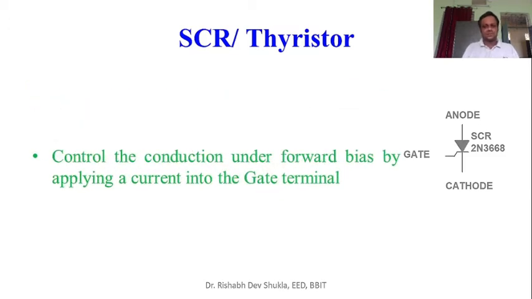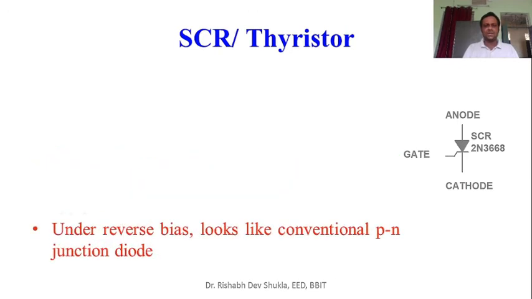It can conduct in the forward direction only if we apply the gate signal or triggering signal in the gate circuitry. It cannot conduct under reverse bias, just like an ordinary PN junction diode.